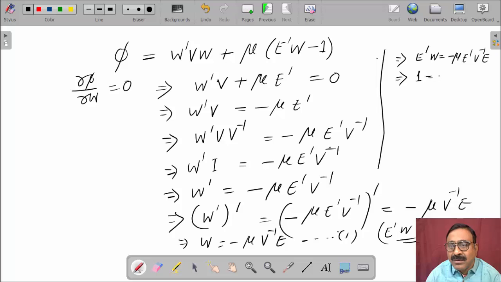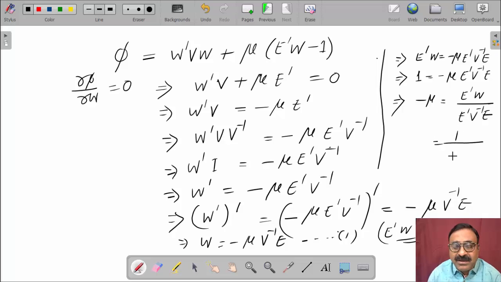So 1 equals minus mu E dash V inverse E, that is, minus mu equals E dash W by E dash V inverse E, which equals 1 by E dash V inverse E.